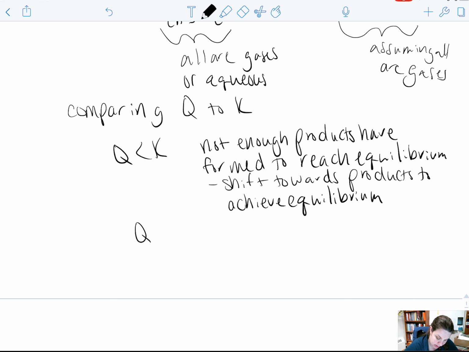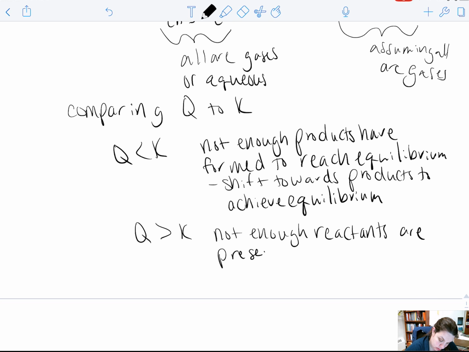If Q is greater than K, not enough reactants are there to reach equilibrium.